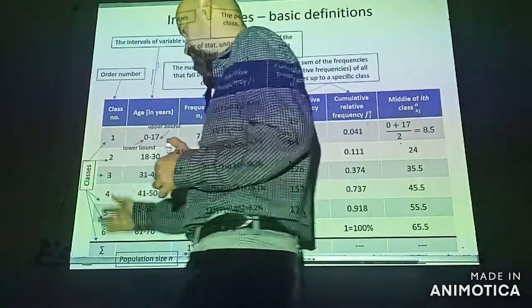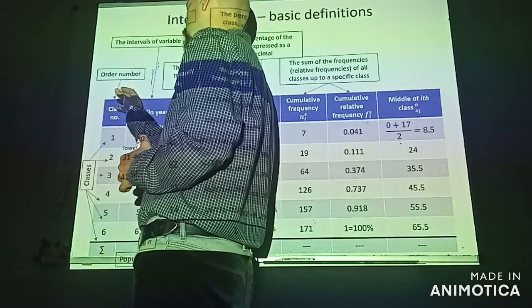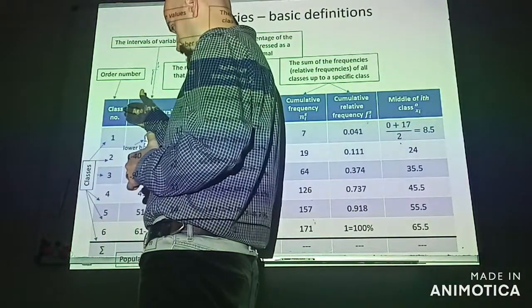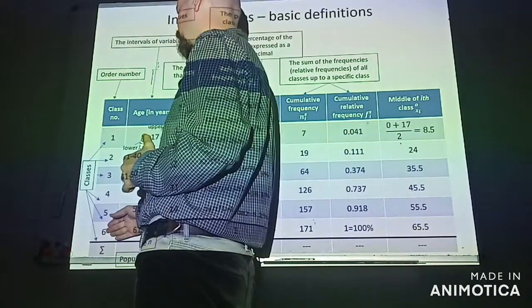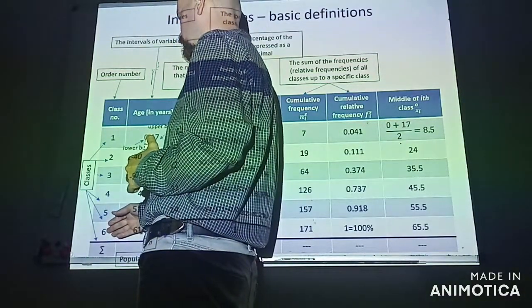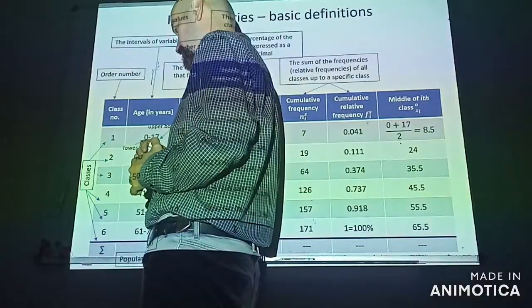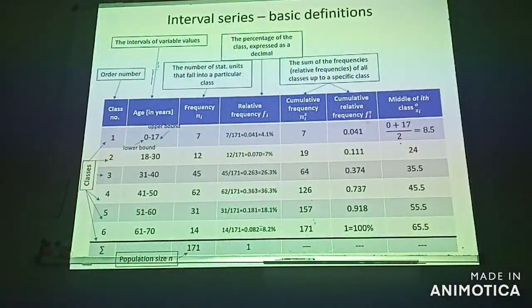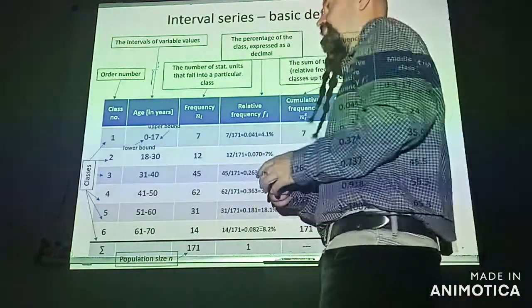The first column is an ordering column in which we have the number of classes. Each number indicates the number of the class, the number of the interval.